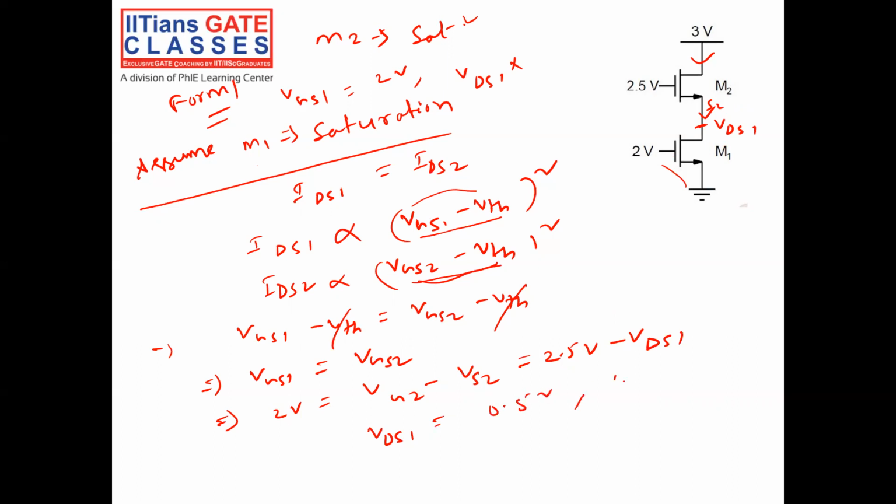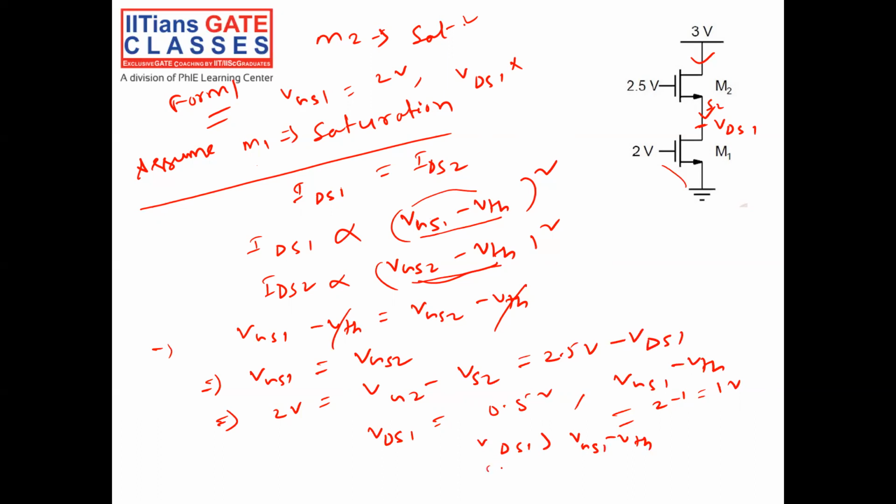What is VGS1 minus VTH1? VGS1 minus VTH is 2 volt minus 1 volt, which is 1 volt. So we have assumed that transistor M1 is in saturation. So the condition should be VDS1 should be greater than or equal to VGS1 minus VTH.